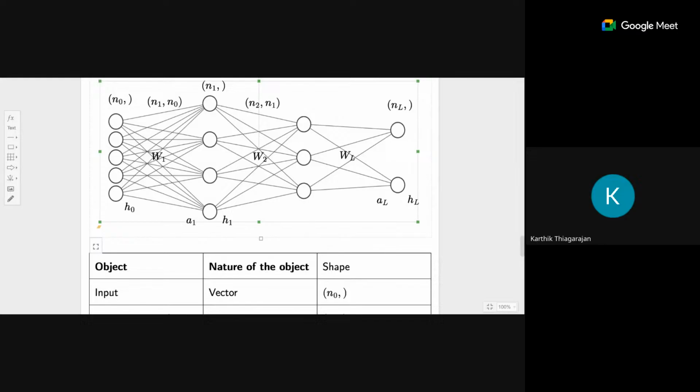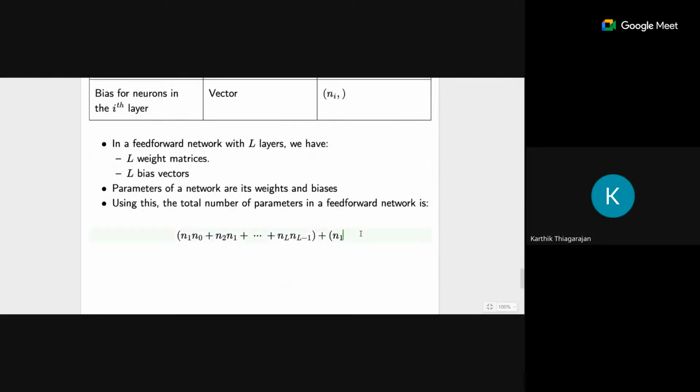They are only passing on inputs to the next layer. Wherever a computation is happening, that's where you need a bias. So in all layers, including the output, you have some computation. Therefore you have N1 plus N2 all the way till NL biases.